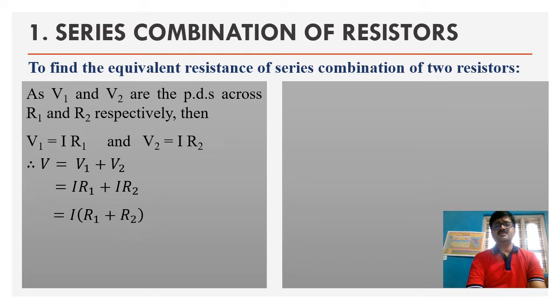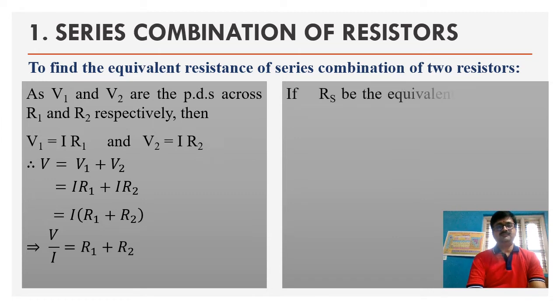Then in the third step we take the common factor, that is current I, because the current is the same through each of the resistances. So current is common here, we take it out as a common factor in the equation, and then we cross multiply it to write V divided by I is equal to R1 plus R2. So this is the first stage that you should remember.